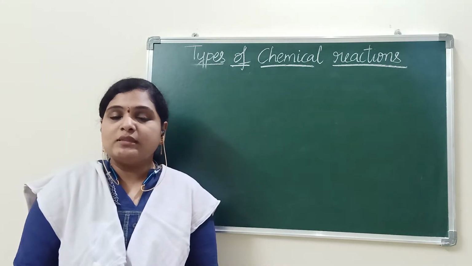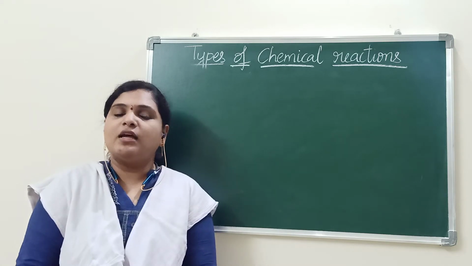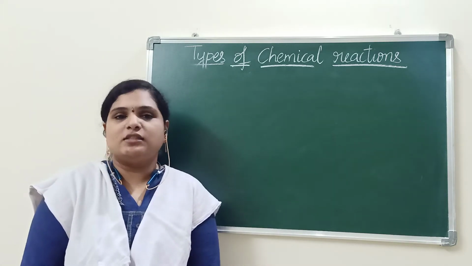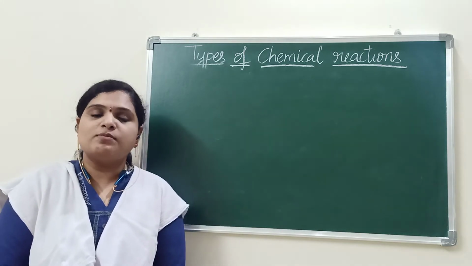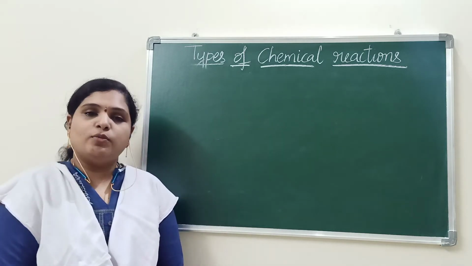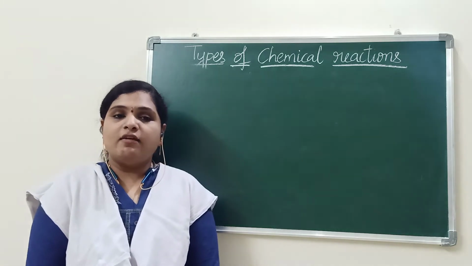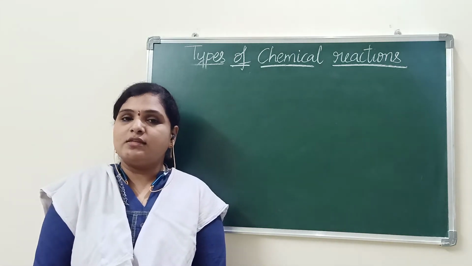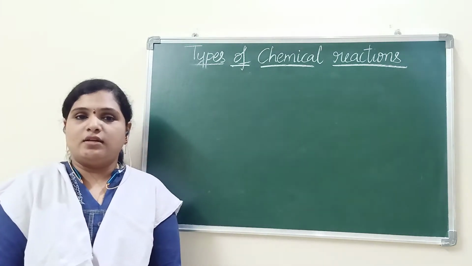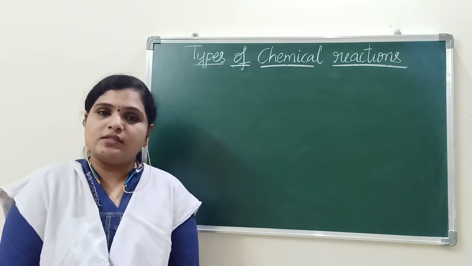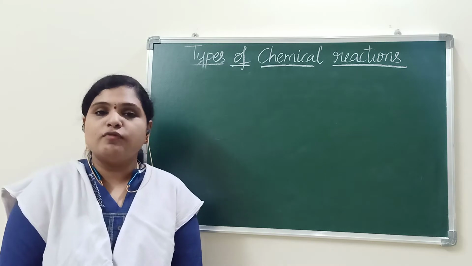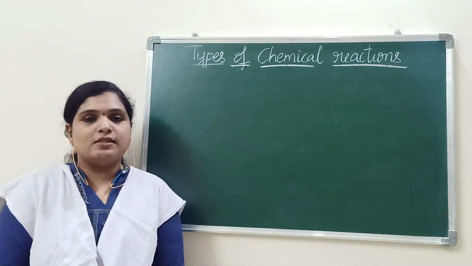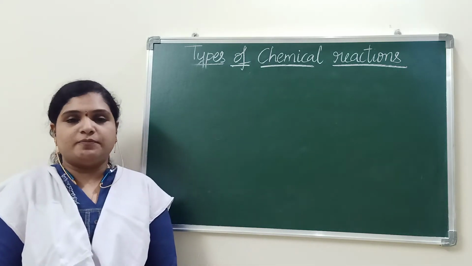But coming to this, chemical reactions are nothing but chemical changes in which a new substance is produced. What do you mean by a chemical reaction? When two or more substances are reacted together to form a new substance. If they undergo some change, it will lead to the formation of a new substance. That is nothing but a chemical reaction.